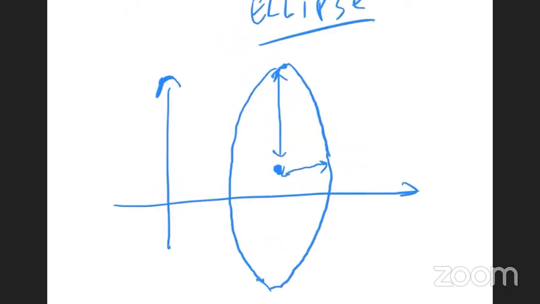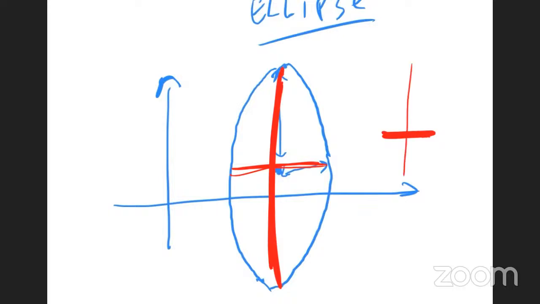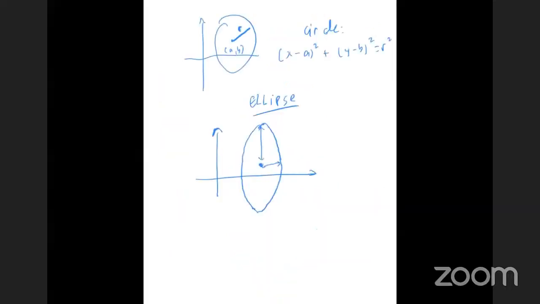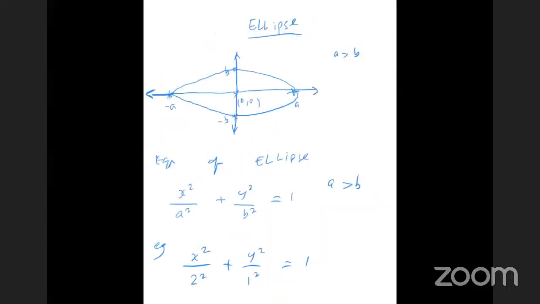So there is something called a minor axis and a major axis. The minor axis in this case is parallel to the x, and the major is parallel to the other. Once you have the minor and the major, you just connect them up and you get the ellipse. We're going to focus on those things next day, the equation and so on.